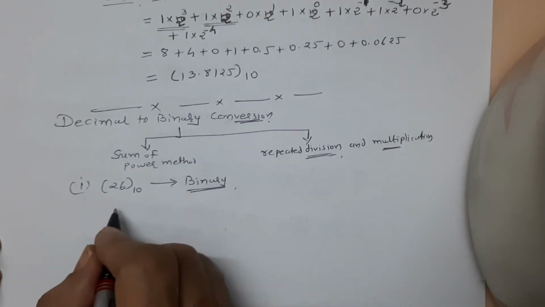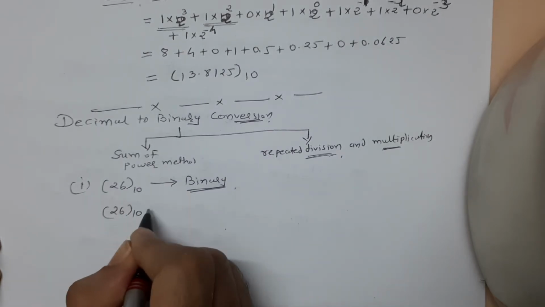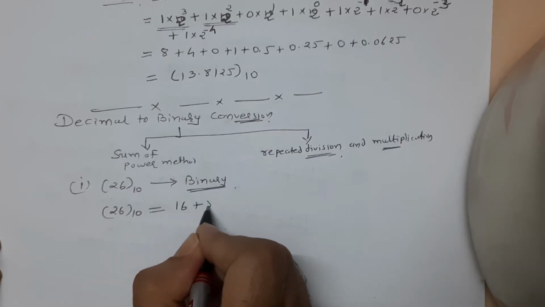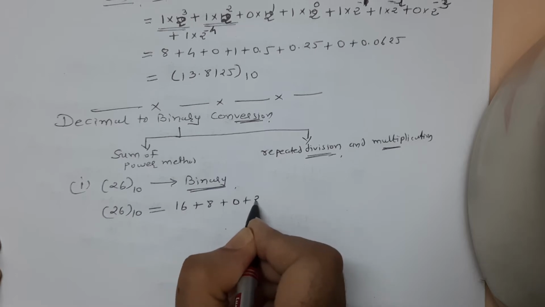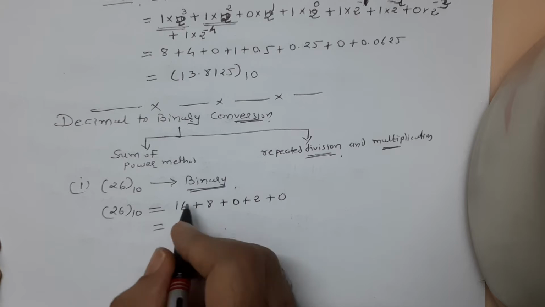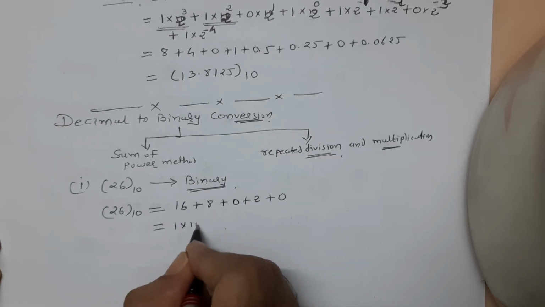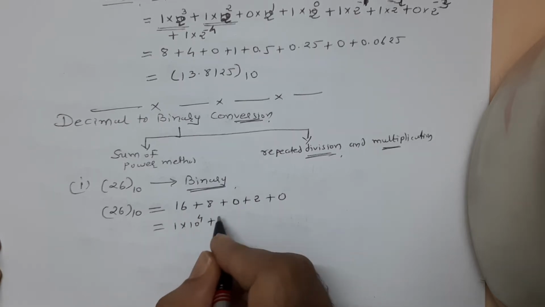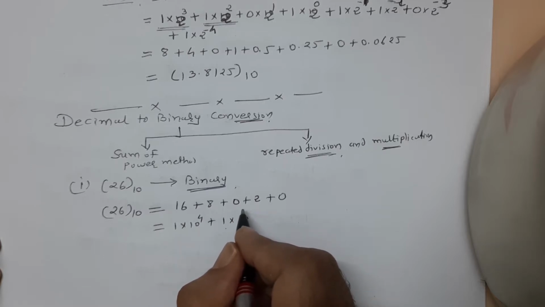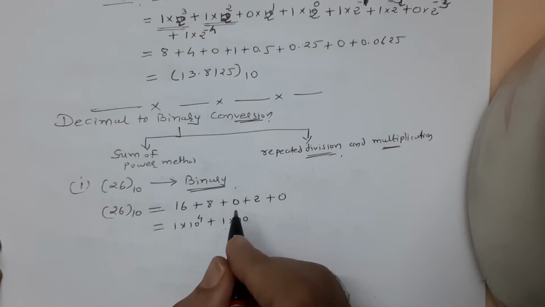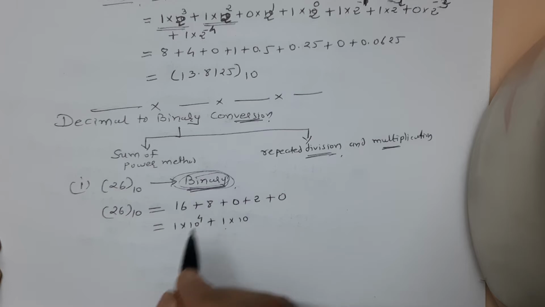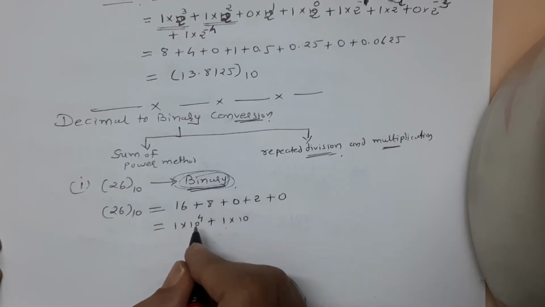So 26 decimal is equal to 16 plus 8 plus 0 plus 2 plus 0. That means 1 into 2 raised to 4.